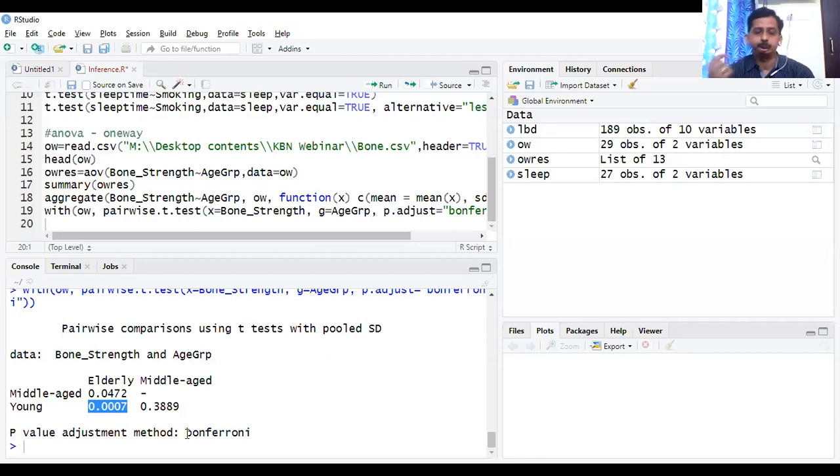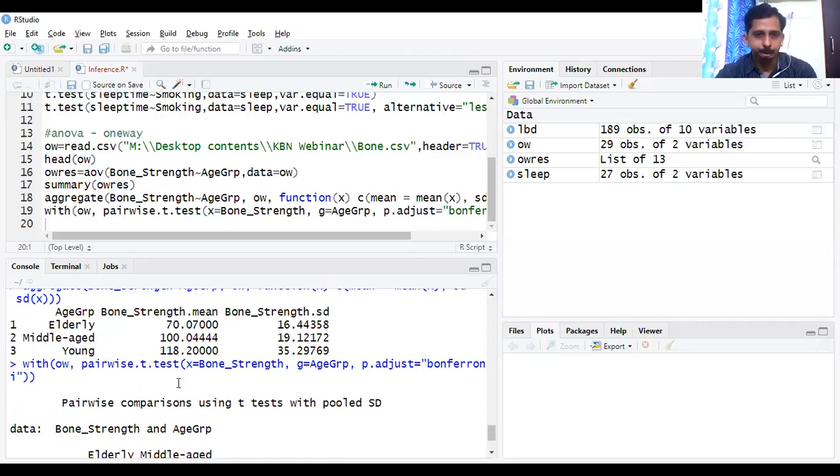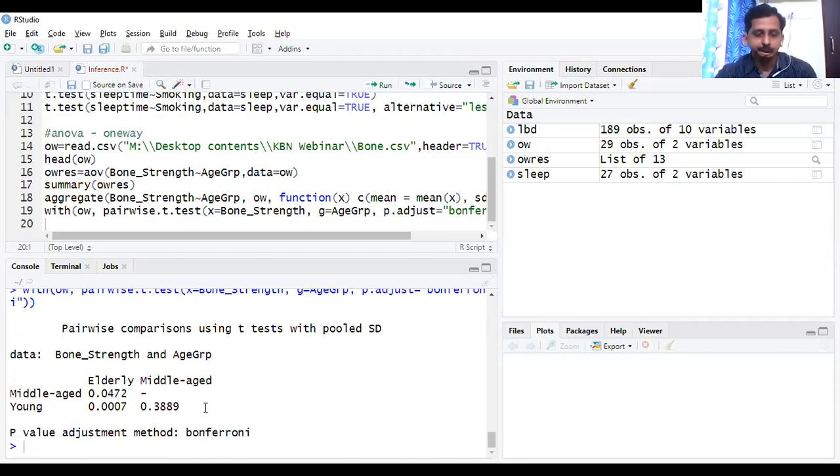We conclude that the younger group has higher bone strength levels than the elderly group. Coming to the young group and middle-aged group, they are very close by. So more or less, the average bone strength of the younger age group and middle-aged group are similar. So there is no difference. That is the main purpose of conducting post-hoc comparison.